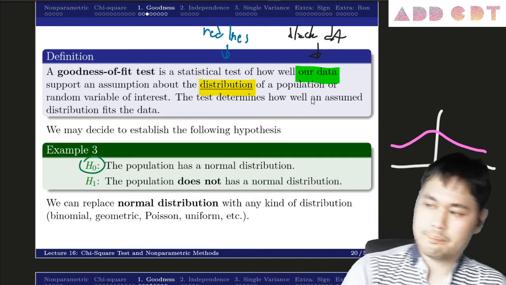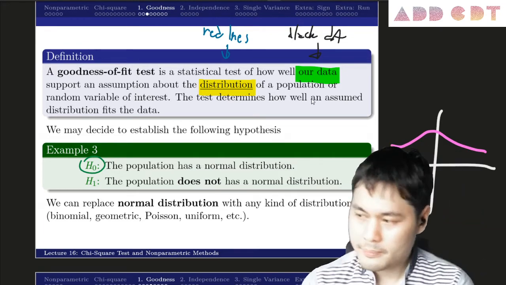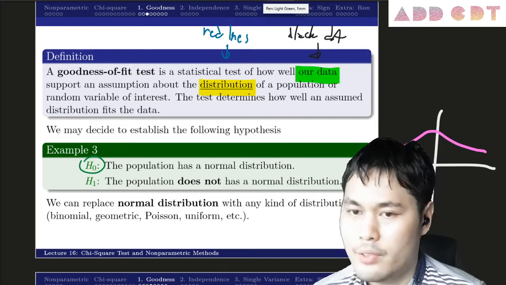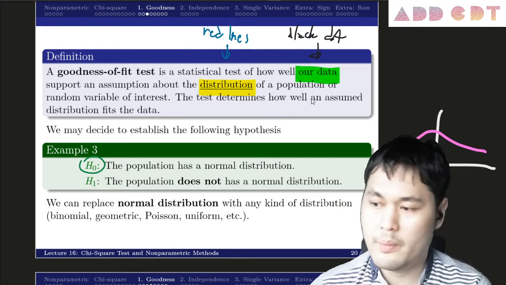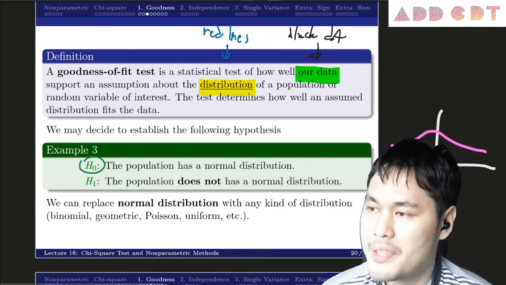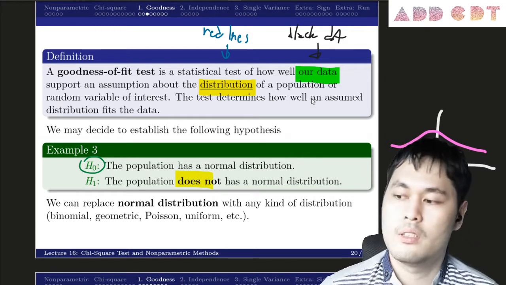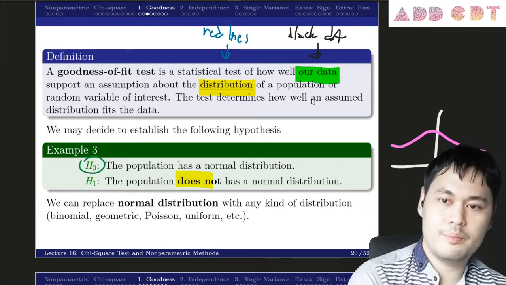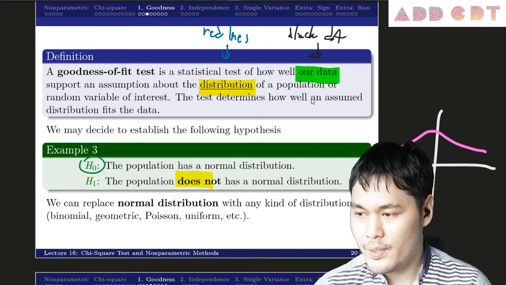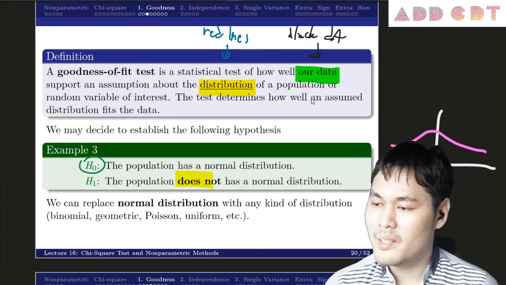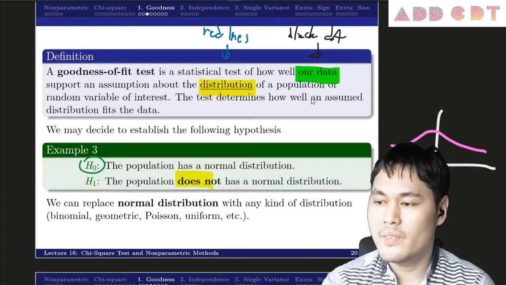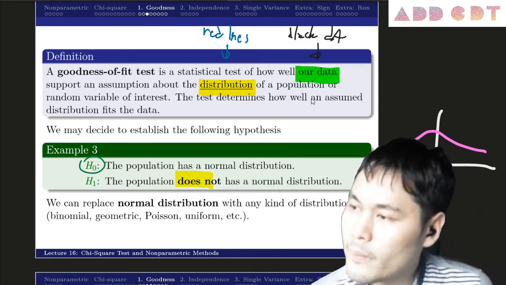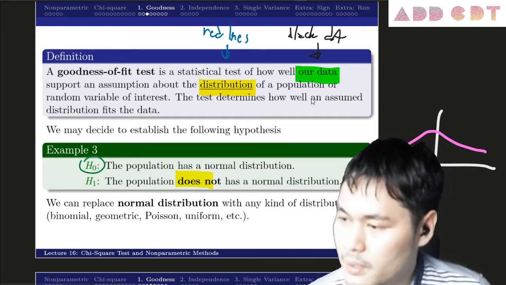Right. And H1, the alternate hypothesis, is the opposite of that, which is that it does not have a normal distribution. It can be anything else, right? We don't know, because we have no idea, but if you believe it is normal, then the opposite of that is not normal.